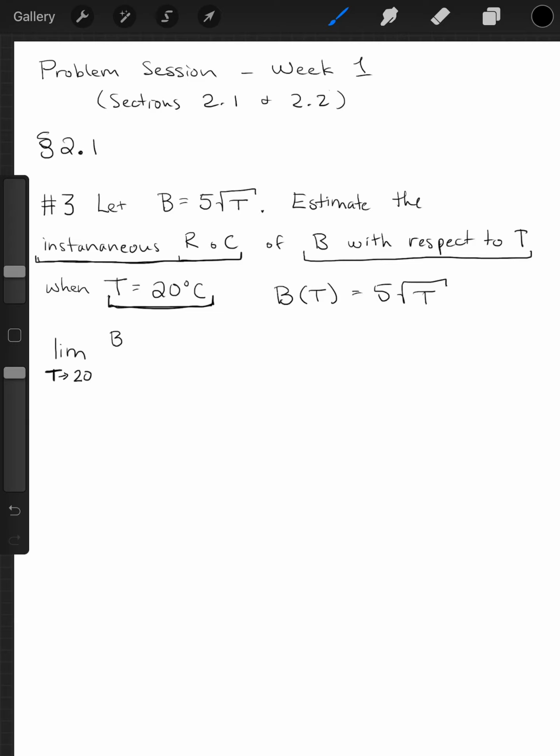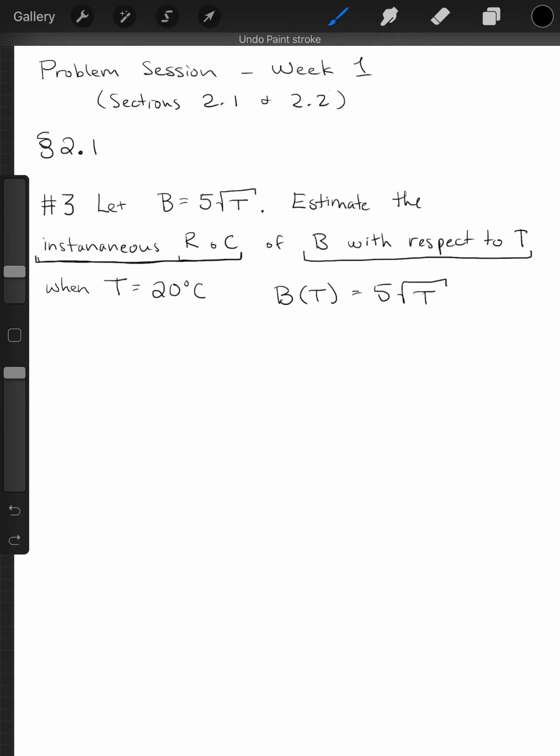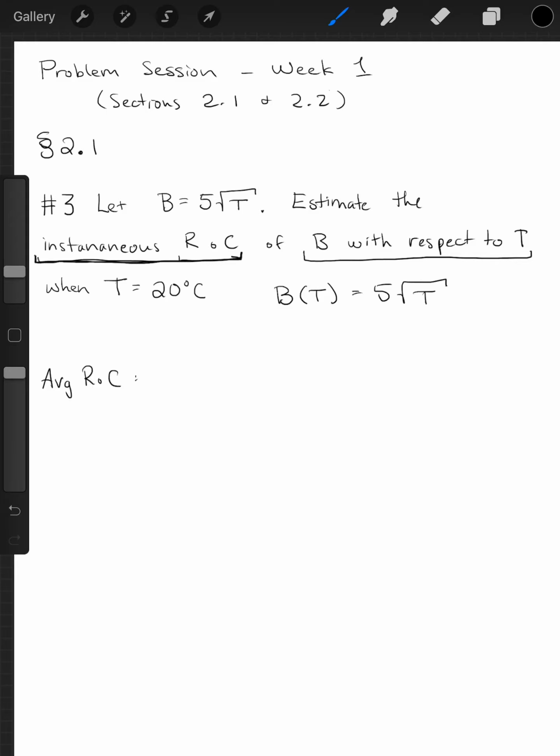I'm forgetting what notation the book actually uses. Maybe it doesn't use this notation. Apparently it doesn't. I'm getting it mixed up with what comes in later sections. But we do have in this section what instantaneous rate of change means. And that means first that we look at the average rate of change, which we do have the definition of.